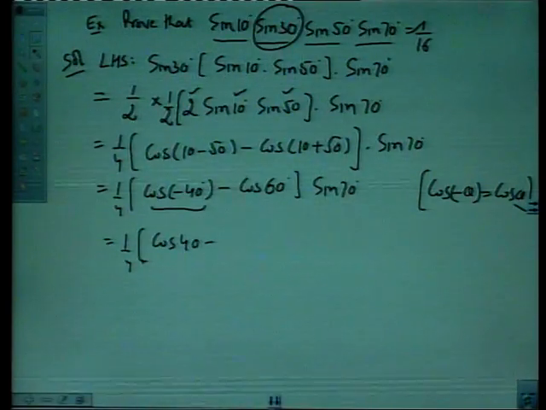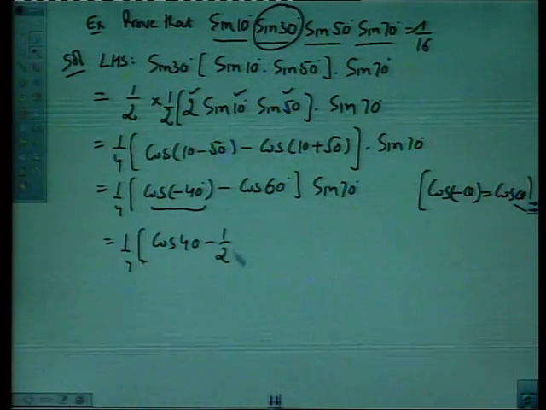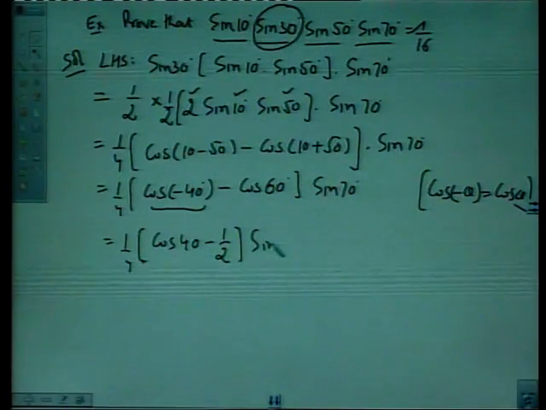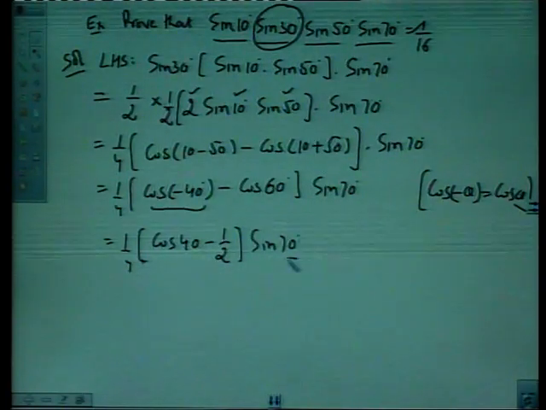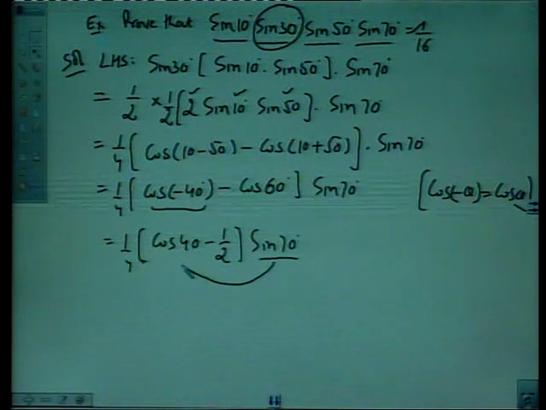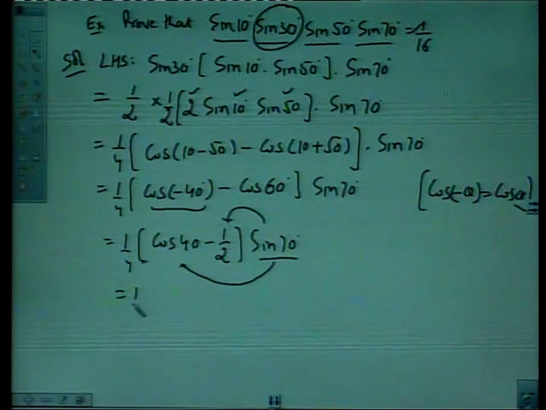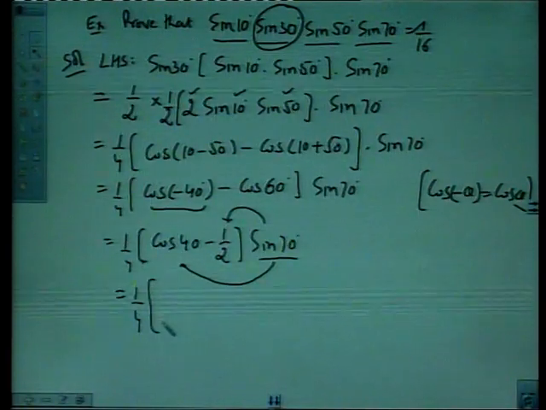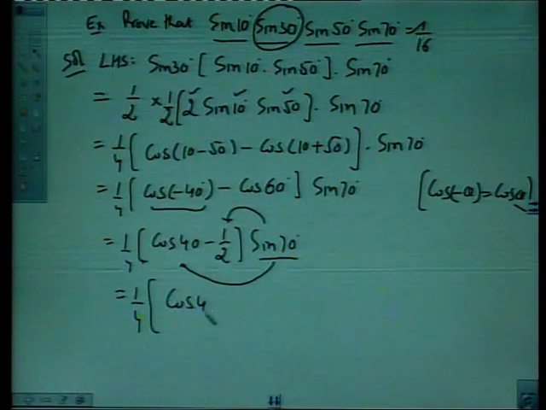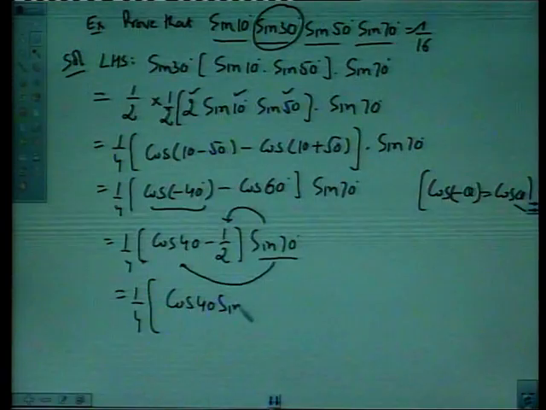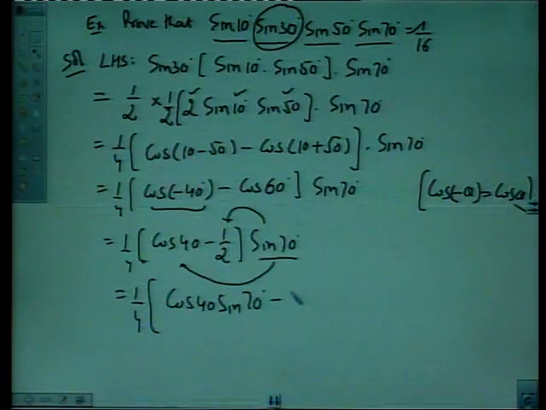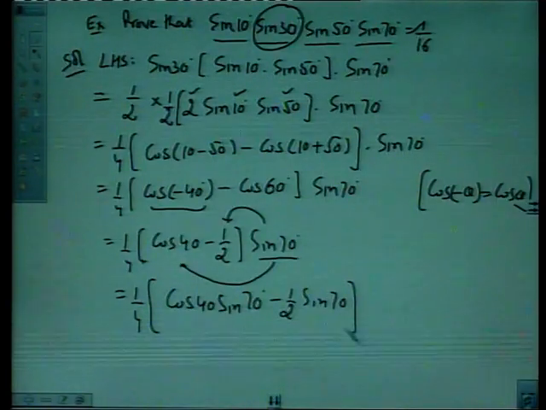And we know that the value of cos 60 is 1 by 2, into sine 70 degree. Now multiply sine 70 inside, by this term and by this term. So what we get is 1 by 4 times cos 40 degree sine 70 degree minus 1 by 2 times sine 70 degree.